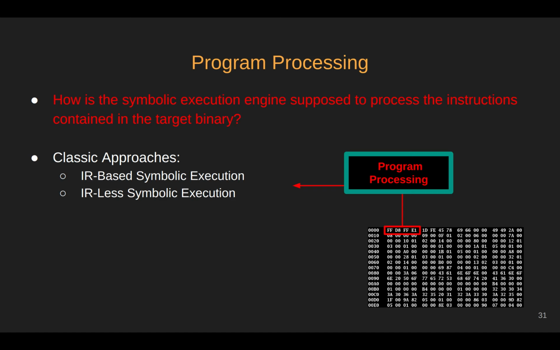So the question here is, how is the SymX engine supposed to process the instructions contained in the target binary? There are two classical approaches, either IR-based, which means intermediate representation based, or IR-less symbolic execution. With IR-based, you take the disassembled program, and you transform it into another language that the symbolic execution engine understands, which is in this case the IR.